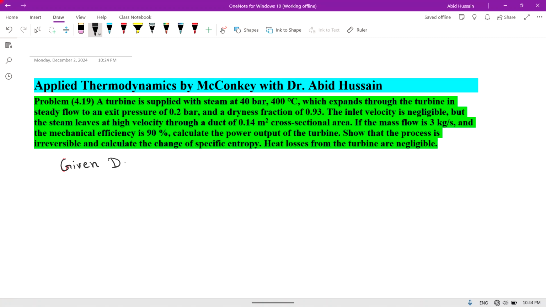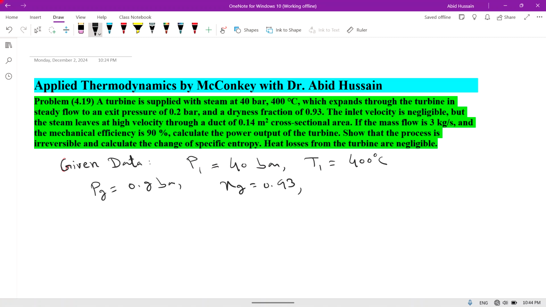Initially the pressure in the turbine is 40 bar and temperature T1 is 400 degrees centigrade, which expands through the turbine in steady flow to an exit pressure of 0.2 bar. In the turbine there is expansion and pressure decreases from 40 bar to 0.2 bar.